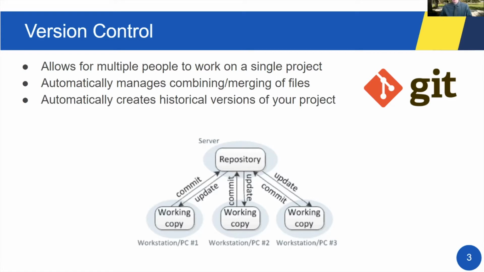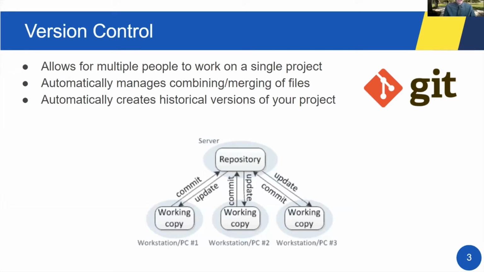Git and GitHub is very similar to Google Docs, as in with Google Docs, you can both be working on a file at the same time. You can kind of see each other's changes. And if you're both working on the same line, Google Docs handles merging all of your changes together and creates versions of your project. So that's probably the most real world use case that you have worked with.